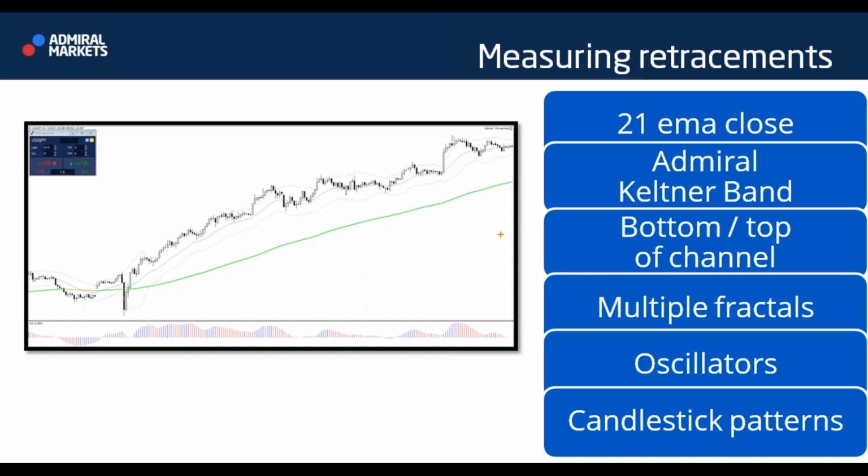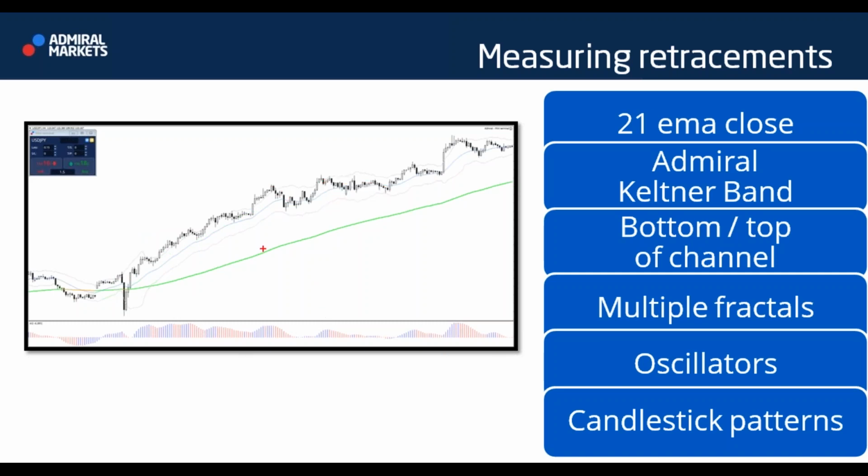So here you can see price breaking above the Keltner, and eventually it's going to go back to the bottom, as you can see here and here. Those are opportunities to join the trend. The 21 EMA close would be riding somewhere probably around here, so that would give you a bit more frequent opportunities to join a potential trend. Just, of course, be careful that at some points you'll get a larger correction, like here, and that's when the Keltner will become valuable.